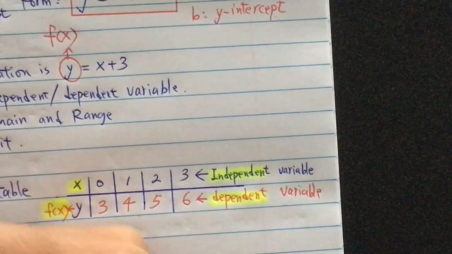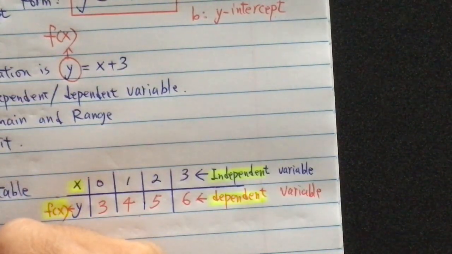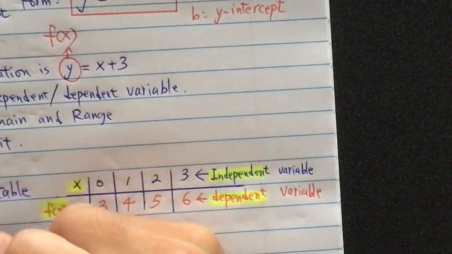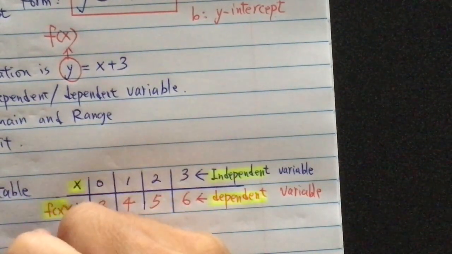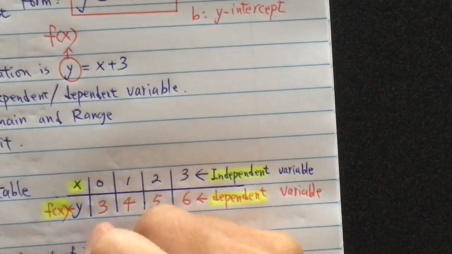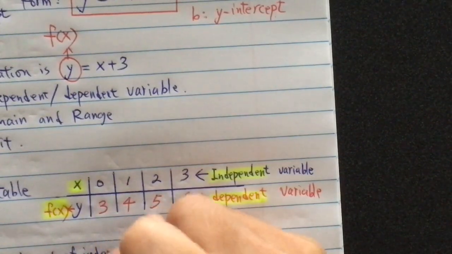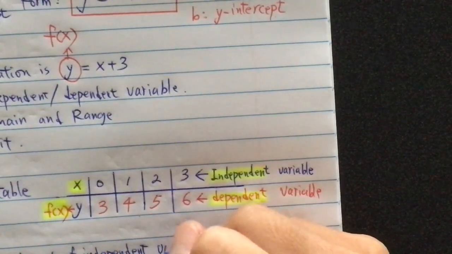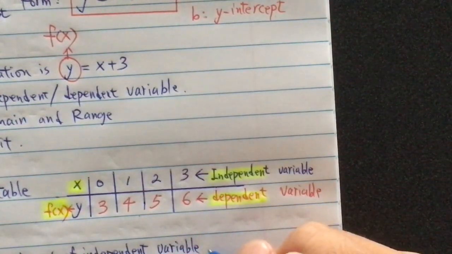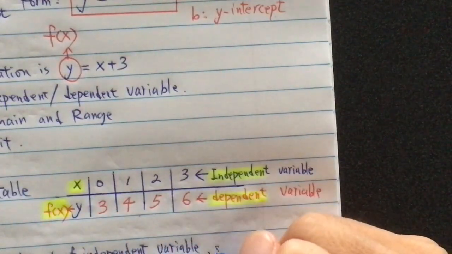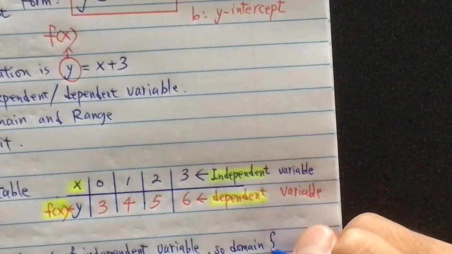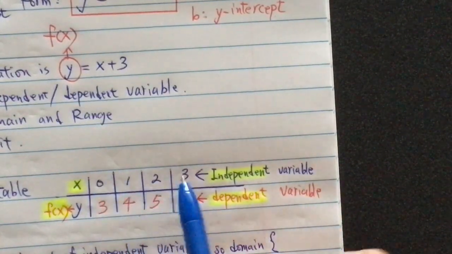Now B. What is the domain? The domain is the set of independent variable. So the domain in this case is 0, 1, 2, 3.